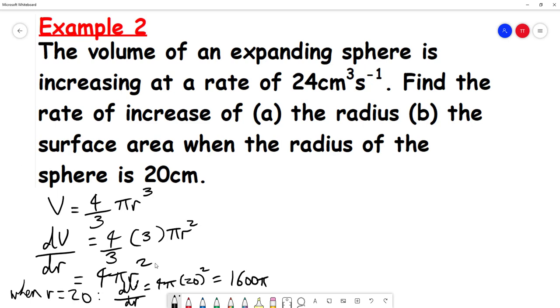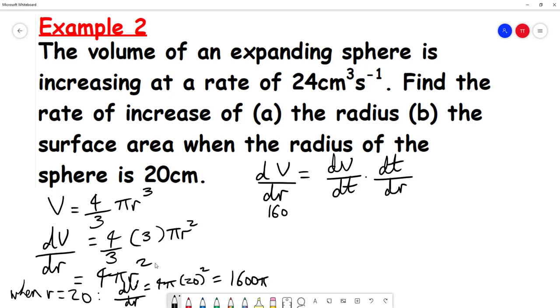So let's use the chain rule now. So dV by dr equals dV by dt times dt by dr. Now we know what dV by dr is. That's 1600 pi. Now they've told us that the volume of the expanding sphere is increasing at the rate of 24 centimeters cubed per second.